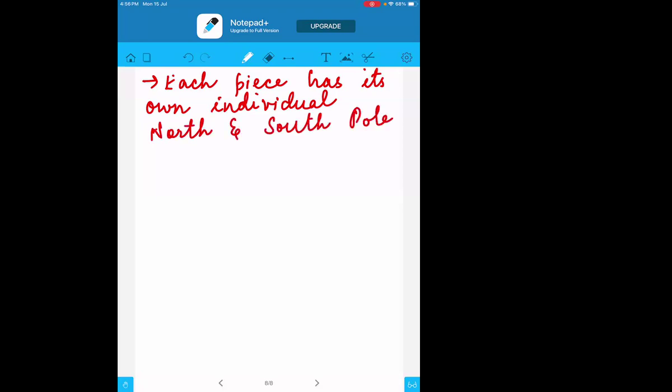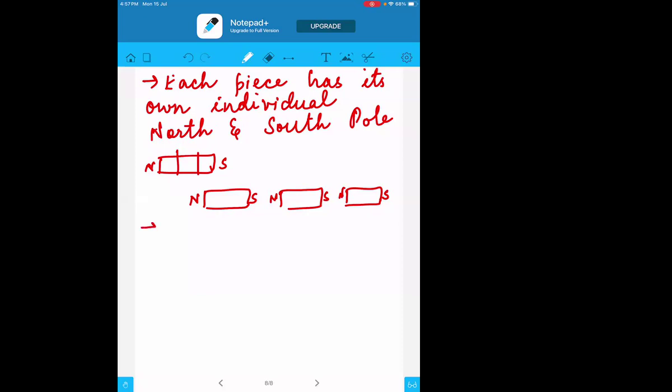So suppose, for example, children, I have this bar magnet, and I have broken it into three pieces, might be. Now these three pieces will have what? North and the south, and north and the south, north and the south. It is not like that if they are broken into three pieces, they will have only the north or only the south. No, they will have both north and south, north and south, north and south.